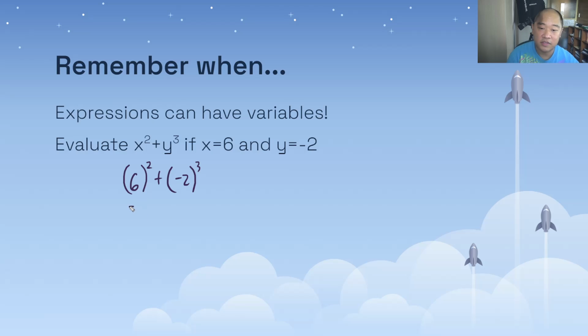So 6 times 6 is 36, and then -2 times -2 is 4, times -2 is -8, times -2 is 16. So this is 20. Because remember, adding a negative is the same thing as subtracting.